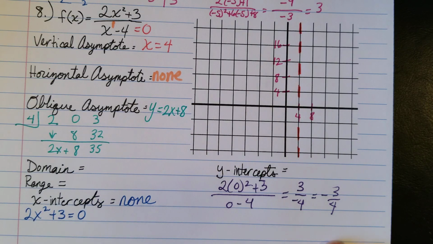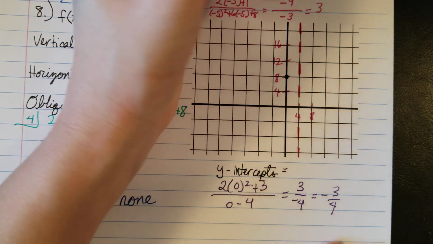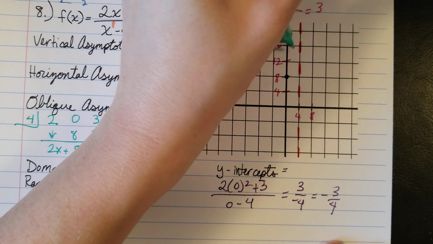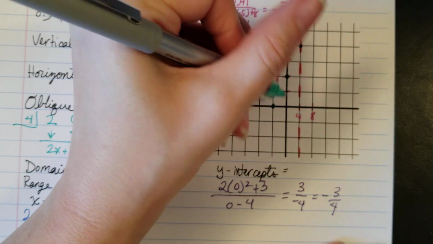And then the oblique asymptote has a y-intercept of 8 and a slope of 2. So up 2 over 1 or down 2 to the left 1.